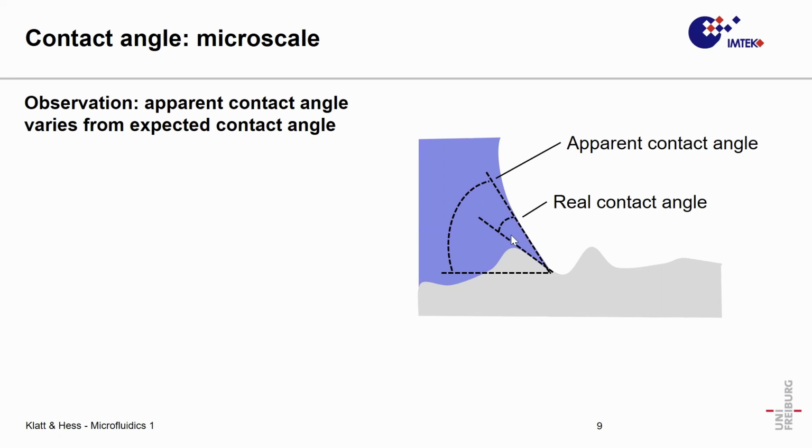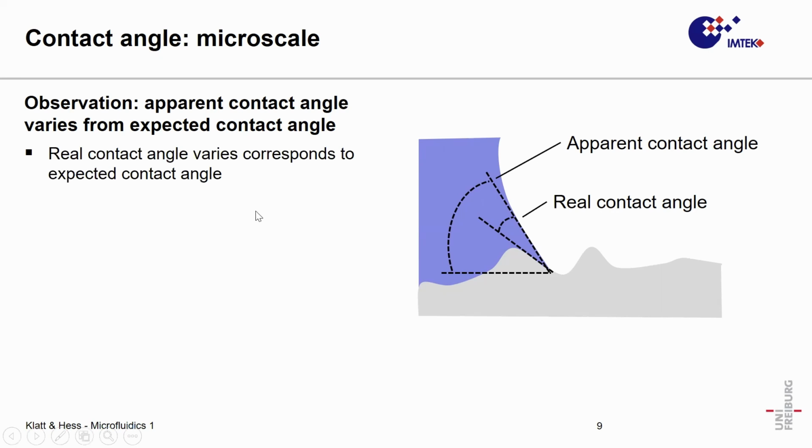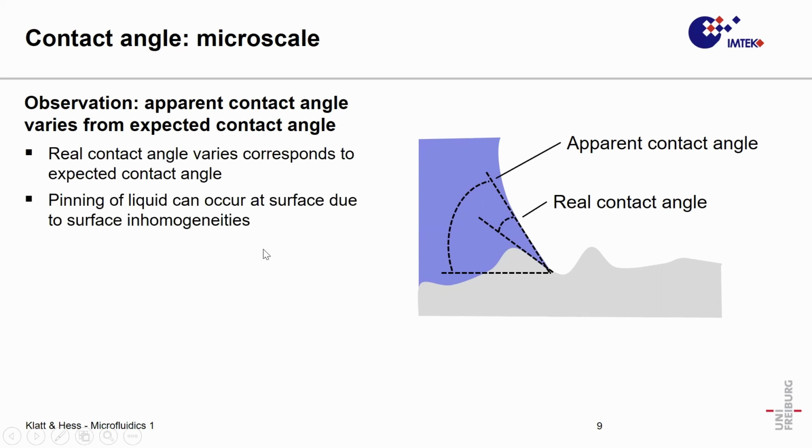And this is only because of the roughness of your surface. One of the effects of this apparent contact angle change is that liquids can pin and don't move on in microfluidic systems because of surface roughnesses.